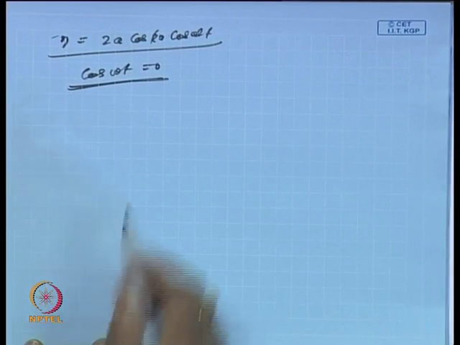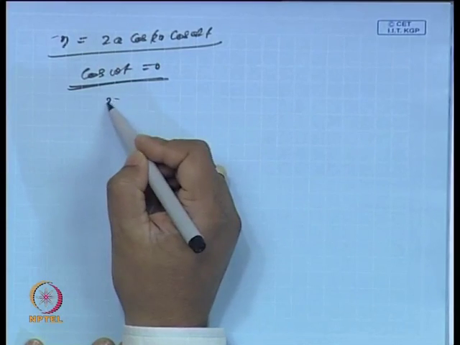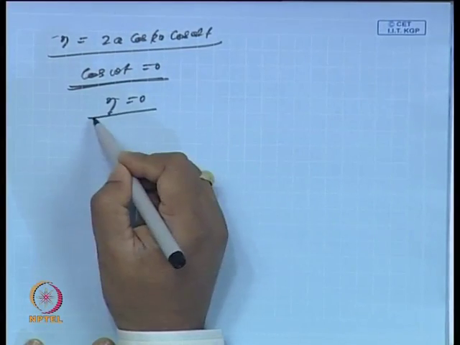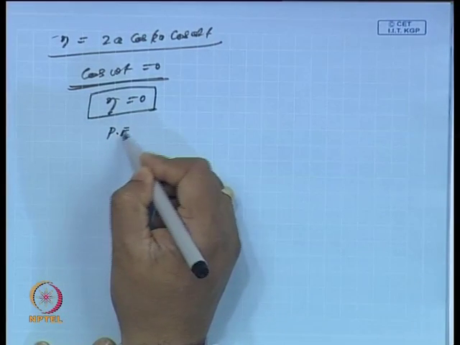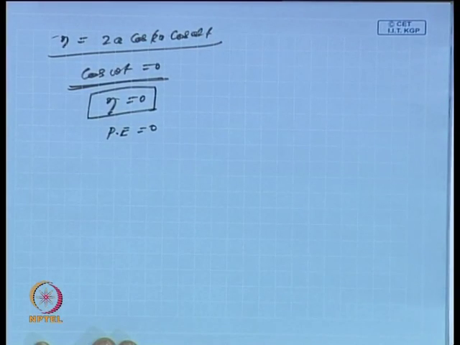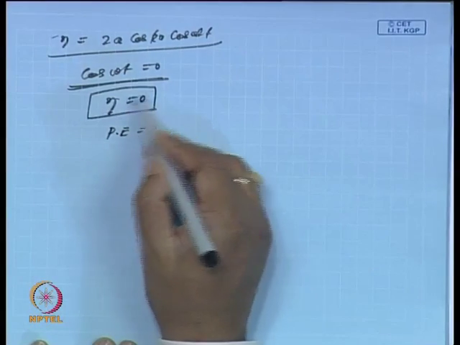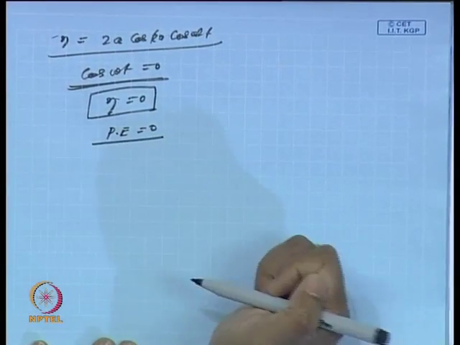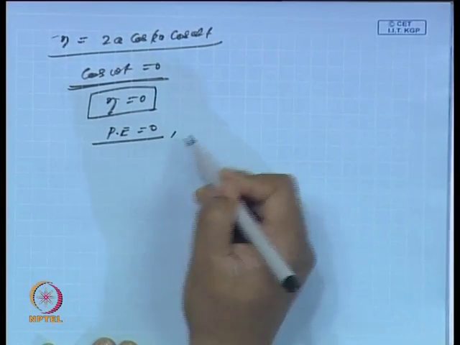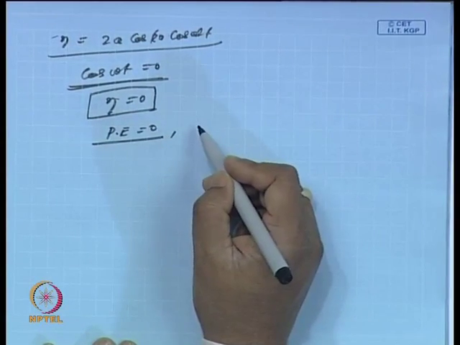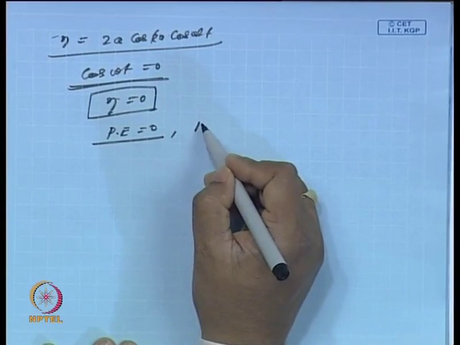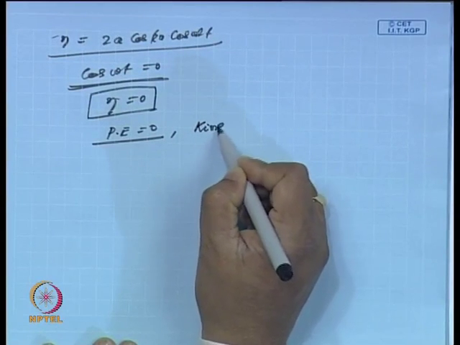Then eta is 0. Once eta is 0, the potential energy will be 0, because we will come to the definition of kinetic and potential energy, but the surface is not moving at all. Since the total energy is the combination of kinetic and potential energy, once the potential energy is 0, the kinetic energy will attain the maximum.